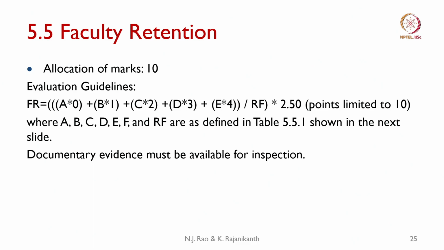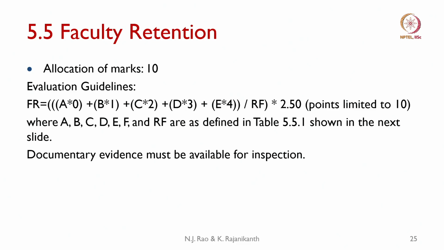It's not only important to have adequate faculty, but to ensure that the faculty stays with the department. That is, the department is able to provide enough attractions for the faculty to retain them for longer periods. So, the less the faculty attrition, the greater is the attraction of the department for the faculty to remain, and that is an important criterion.